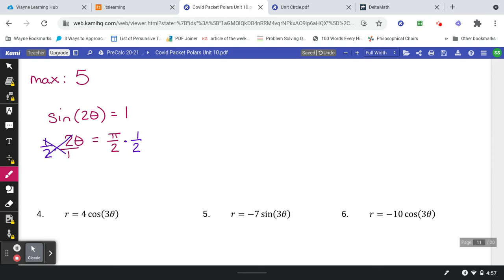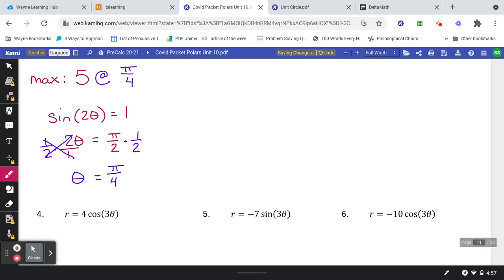The 2's will cancel, the 1's will cancel, and we get theta equals, multiply the numerators, pi times 1, multiply the denominators, 2 times 2 to make 4. So I have a maximum of 5, and it happens at pi over 4. So oftentimes I'll say max at, the at symbol, pi over 4.